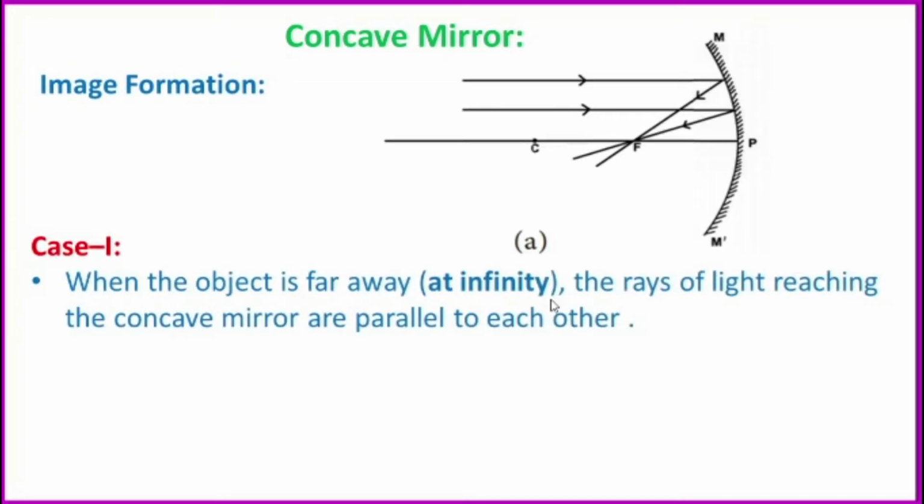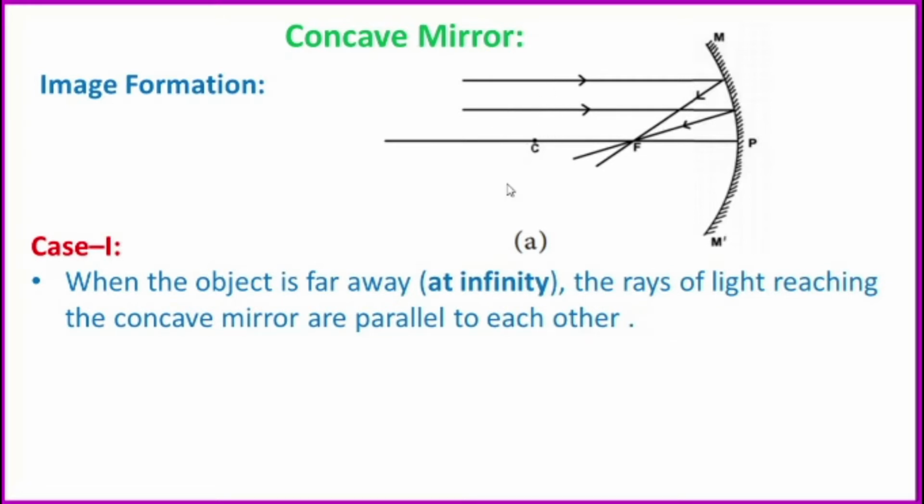Now we move to today's topic, concave mirror image formation. Any two rays can be chosen to draw the position of the image in a concave mirror. There are a number of rays, but we take any two rays.